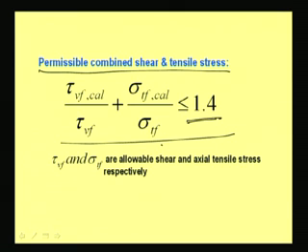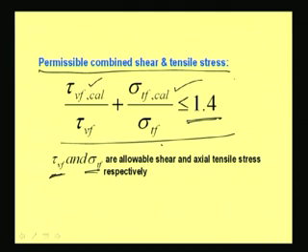This check we have to make as per the codal provision. Now, what is tau Vf? Tau Vf is the allowable shear stress and sigma Tf is the allowable tensile stress. Similarly, tau Vf cal is the calculated shear stress, that means the developed shear stress in the rivet, and sigma Tf cal is the developed axial tensile stress on the rivet.